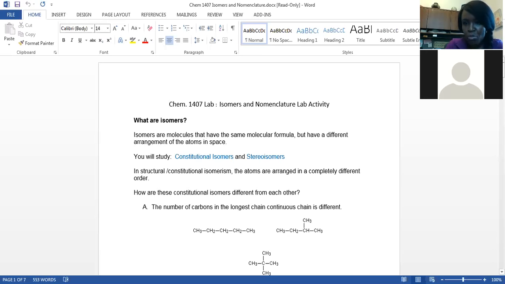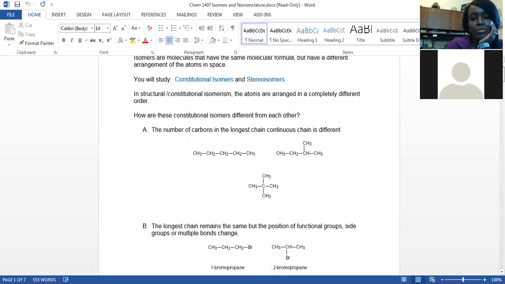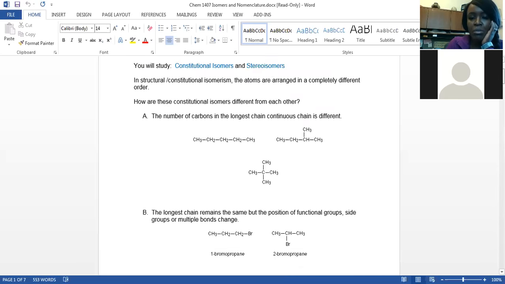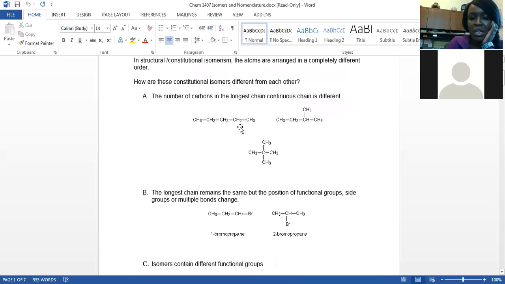So to jump right into it, the first one here is constitutional isomers. With constitutional isomers, what makes them different? Going back to the chapter you're in right now, chapter 10, that has to do with alkanes. So I try to stick with alkane examples when I was writing this lab handout.